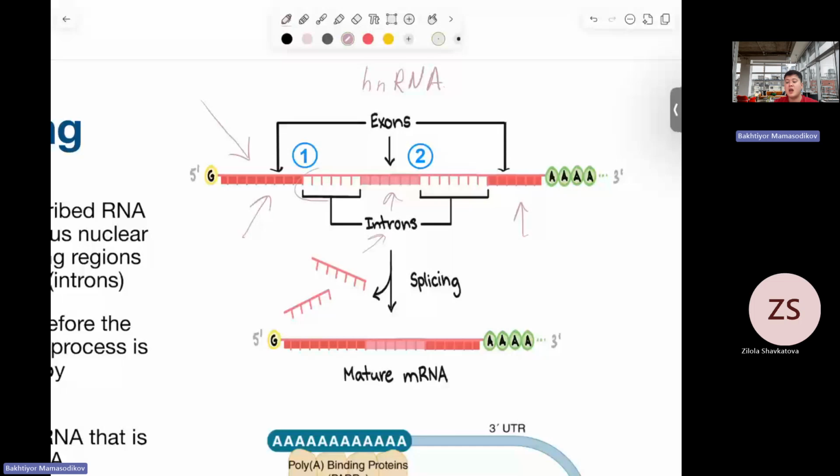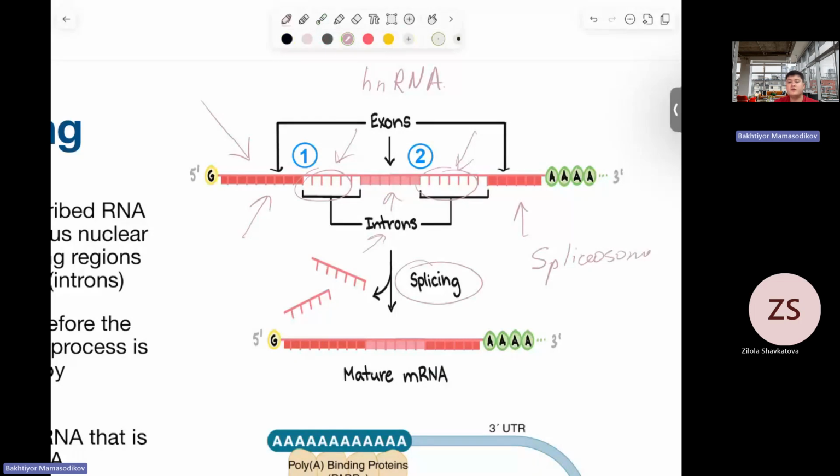This process is called splicing. And I'm going to join together what? I'm going to join together those exons, those coding regions. I have to remove the introns. Okay? Done by the machine called spliceosome. We have a special machine which we call spliceosomes.